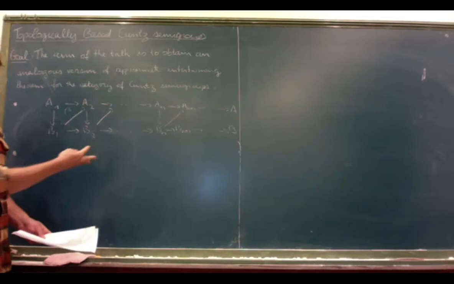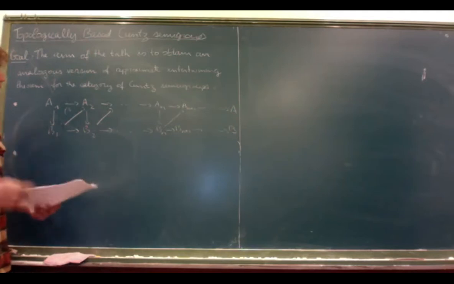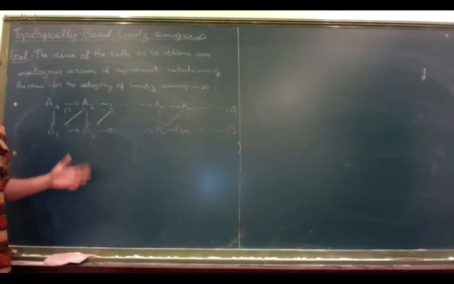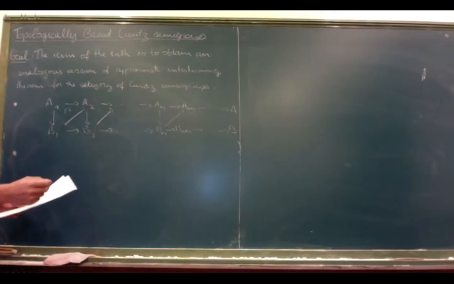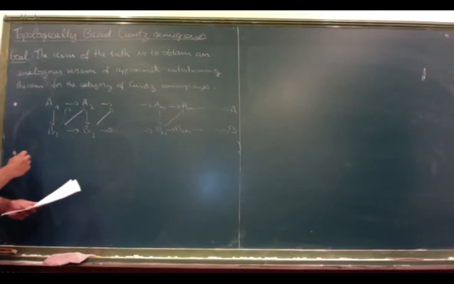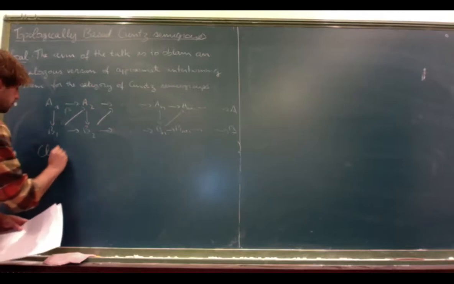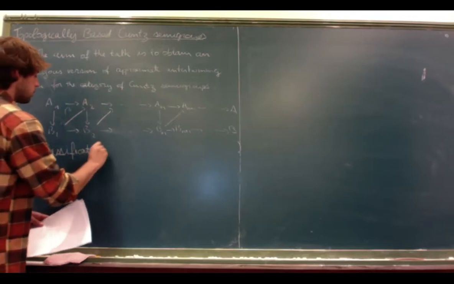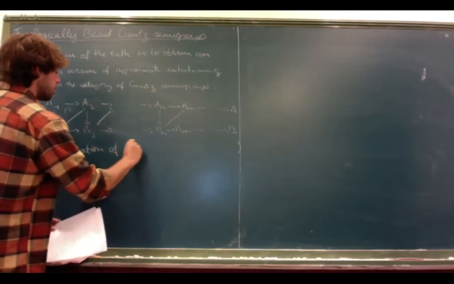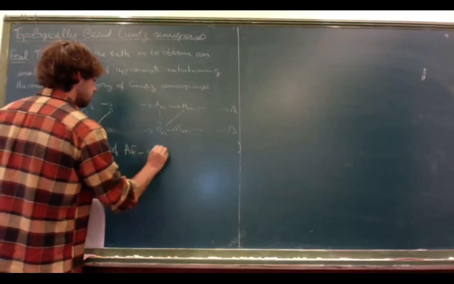Let me also mention what are the uses of such a technique. Over the past decades, there were many uses of this kind of technique. One of the first would be the classification of AF, approximately finite, algebras.